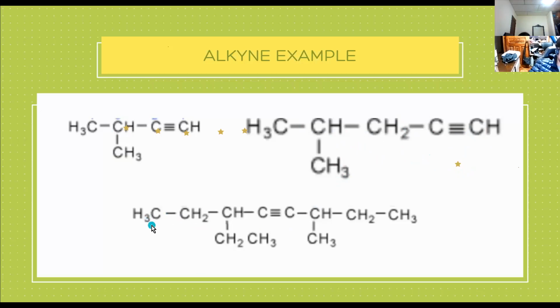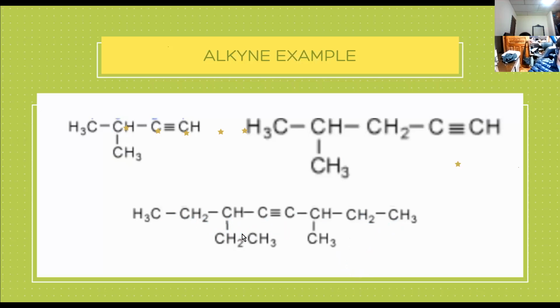And the last one, we count the carbon atoms: 1, 2, 3, 4, 5, 6, 7, and 8. Because it's 8, we use the prefix oct and the suffix. That is octane. And this is the bond in the number 4: 1, 2, 3, and 4. Then we count the methyl, that is in the number 6.